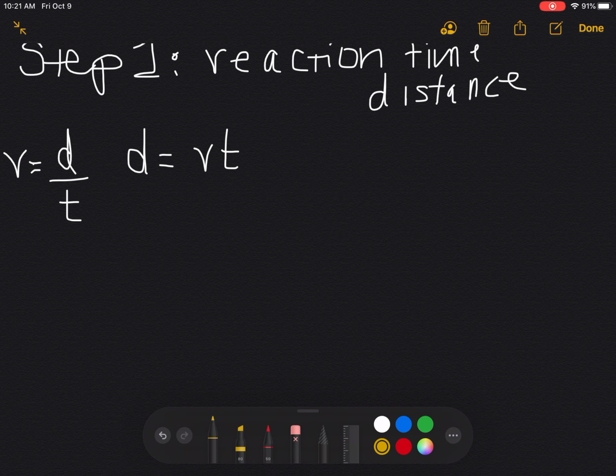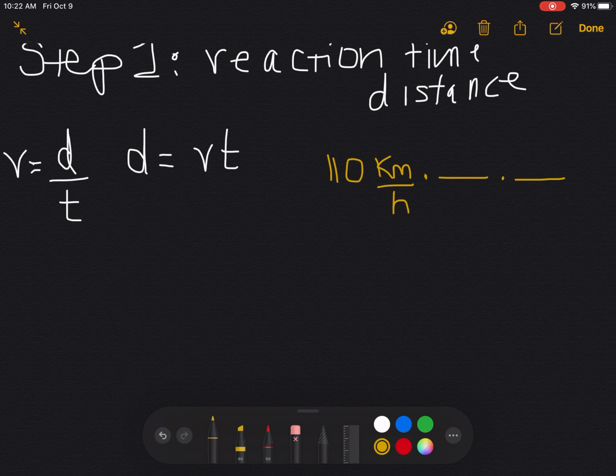I'm going to do this over here. So we need to change 110 kilometers an hour into meters per second. If you look back in this slide, topic 1, you will see how to do this if you forget. I always set it up like this.